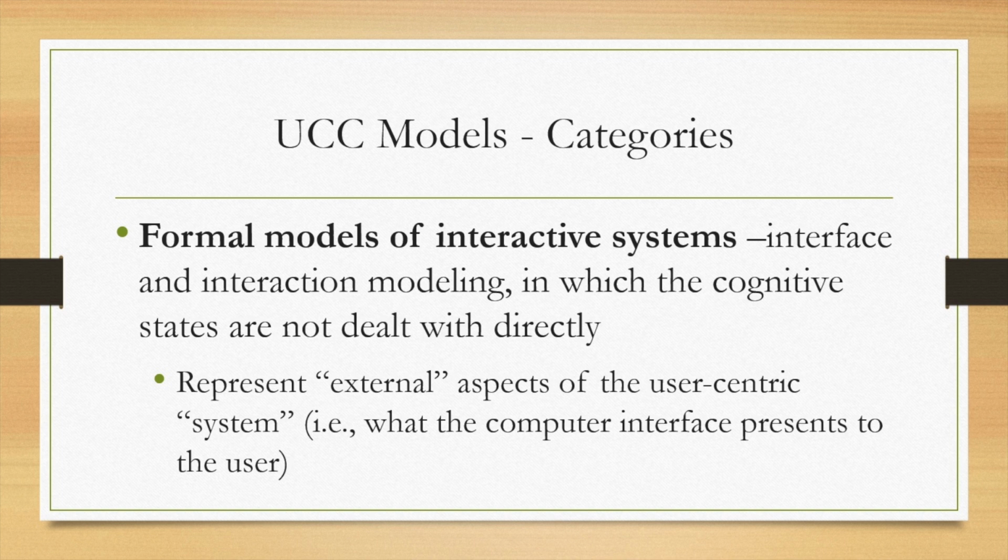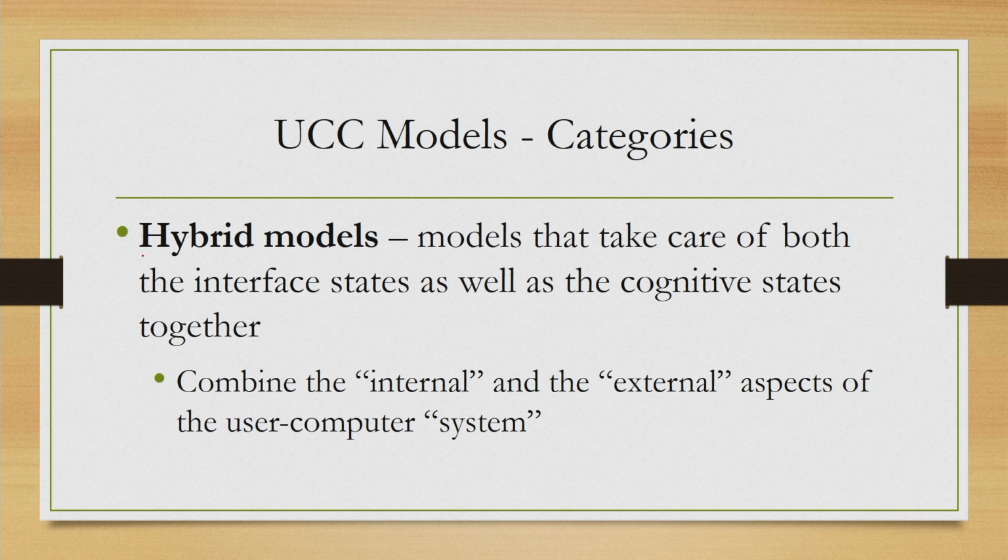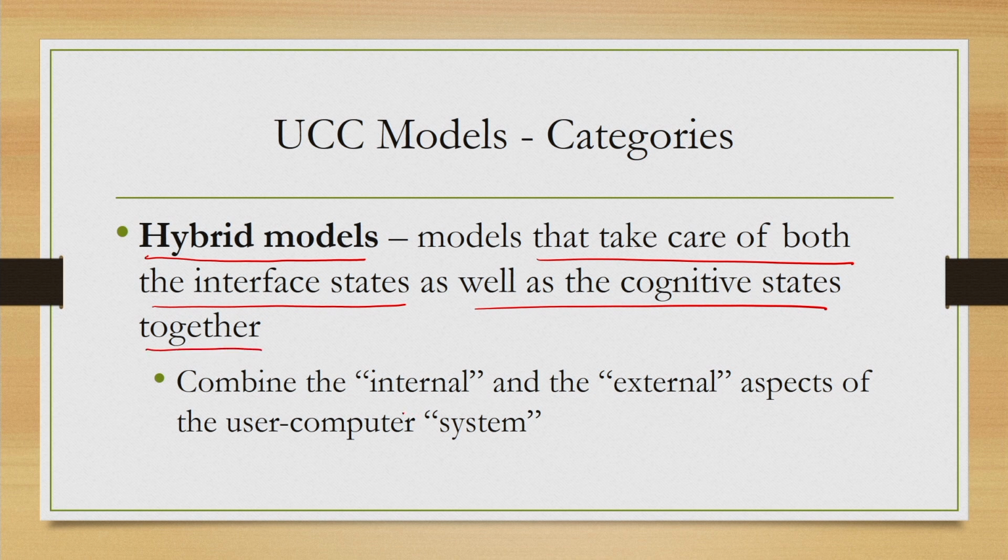So, the cognitive models of the users are essentially models of cognitive behavior, formal models are essentially models of system behavior, and together we get the overall behavior, and that comes under the hybrid models, where these two types of behaviors are combined. So, these are models that take care of both the interface states as well as the cognitive states together. In other words, it combines the internal and the external aspects of the user computer system.